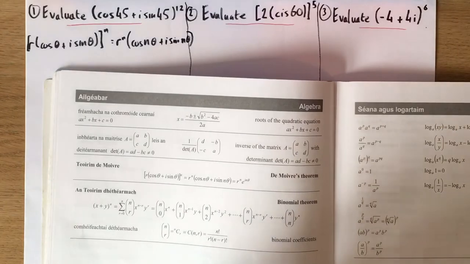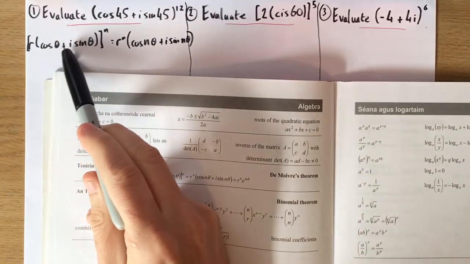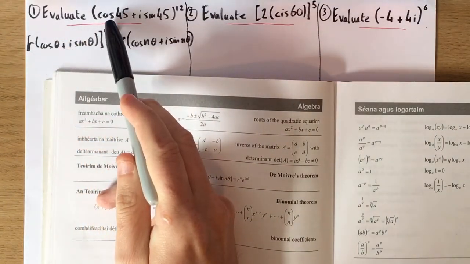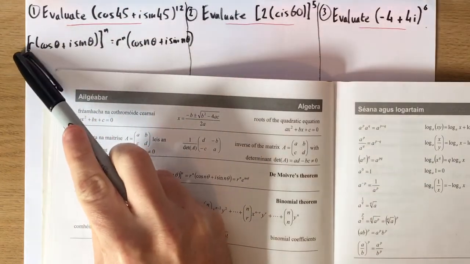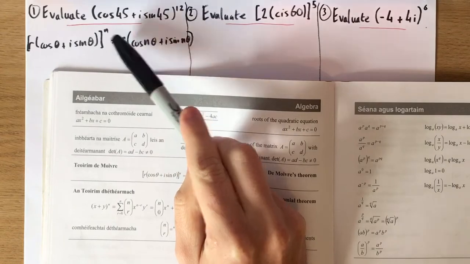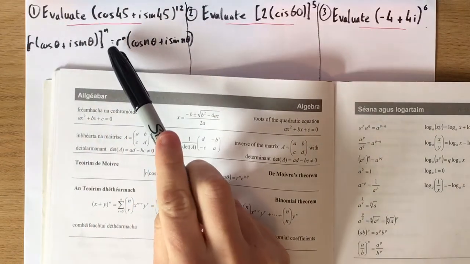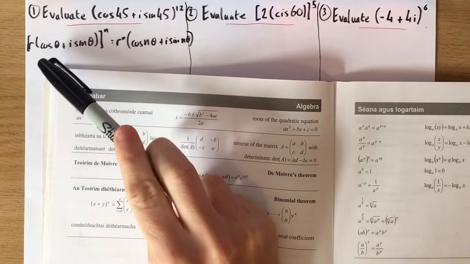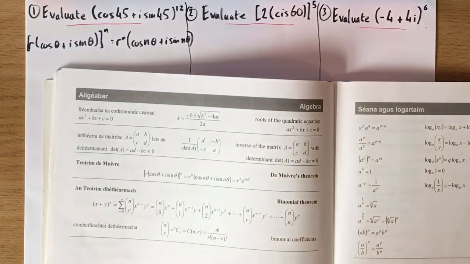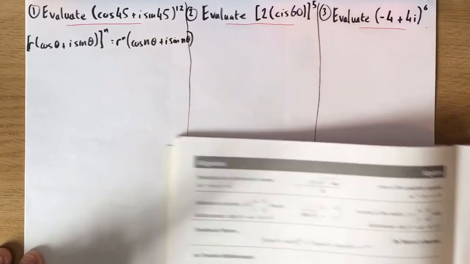All right, so r times cis raised to some power, you can evaluate that by raising the modulus to that power, so I get r to the power of n, and then multiplying the angles by n.